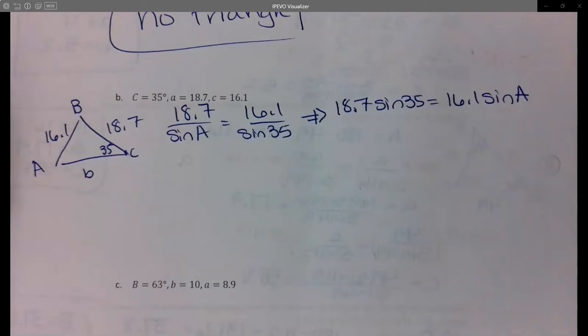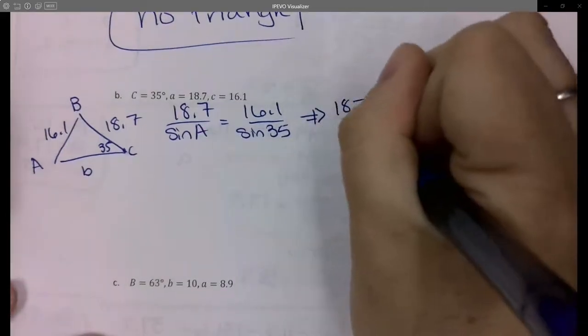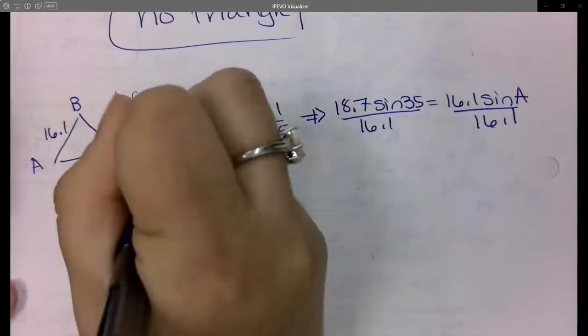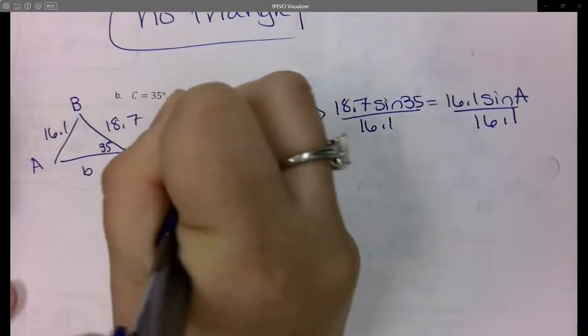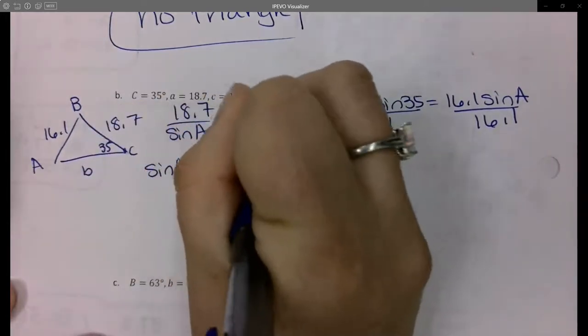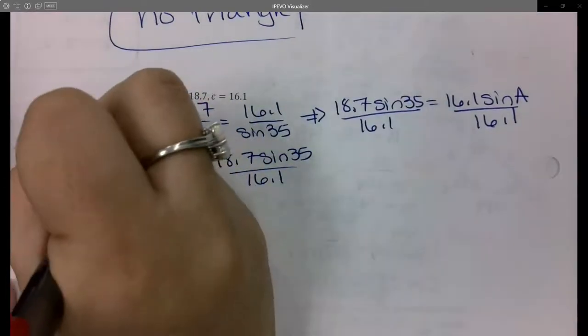I want to go ahead and isolate my part with the A, so I'm going to divide both sides by 16.1. If I rewrite this, this is going to be sine A equals 18.7 sine 35 divided by 16.1. Then I want to isolate the variable, so I'm going to find the inverse sine.